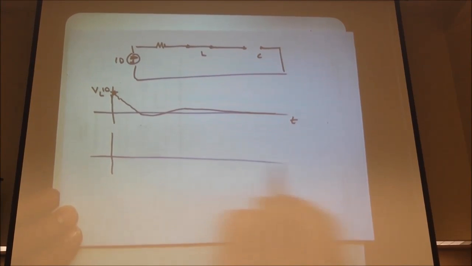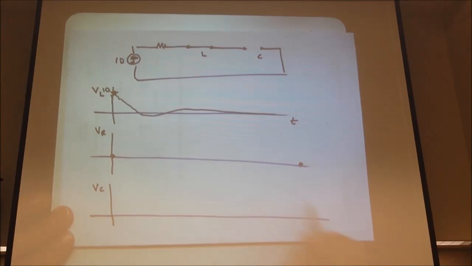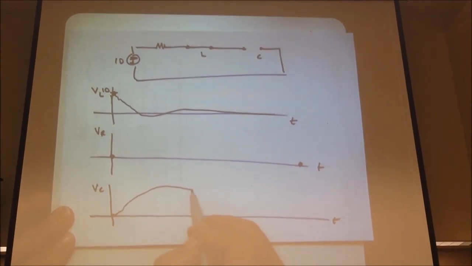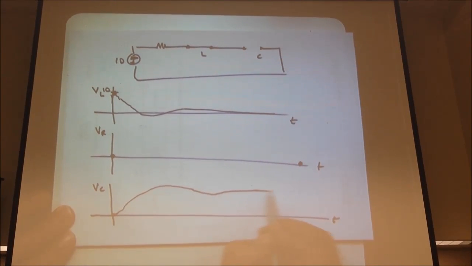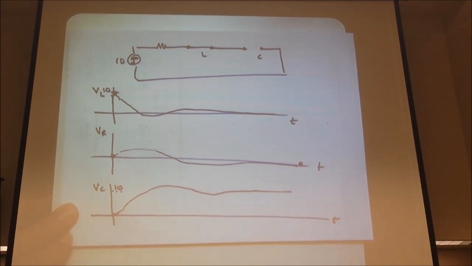Well, our resistor starts at 0 and ends at 0, and we'll leave that blank for a moment. And our capacitor starts at 0 and does something, and maybe eventually reaches 10 volts. And the resistor, well, something exciting happens in between. We don't necessarily know, but maybe it does that.